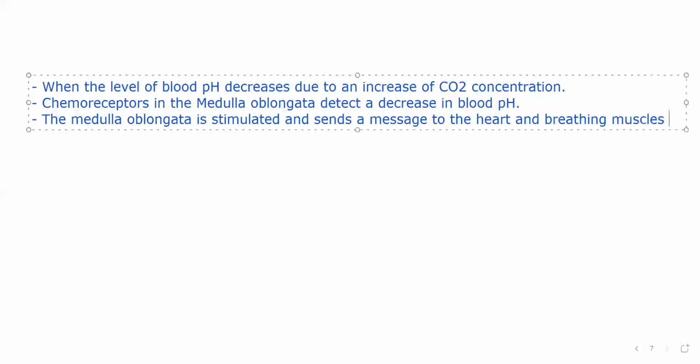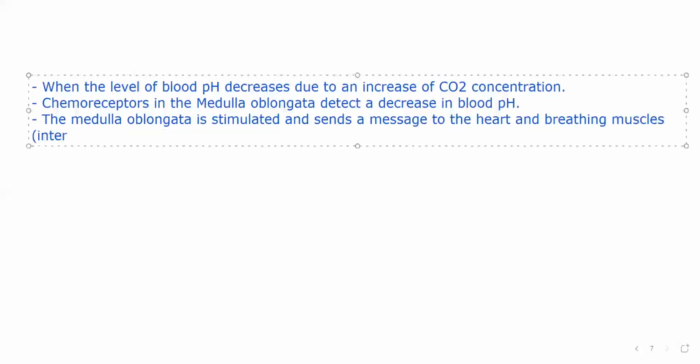These muscles include the intercostal muscles. If you've ever eaten spare ribs at Spur, then you are busy eating intercostal muscles. So it includes the intercostal muscles and the diaphragm.